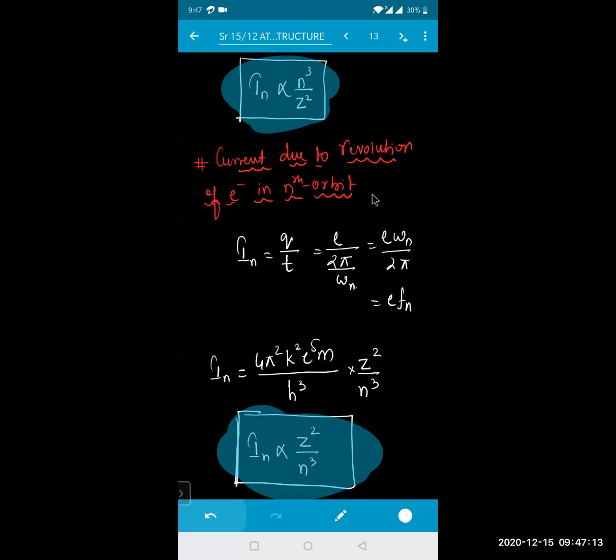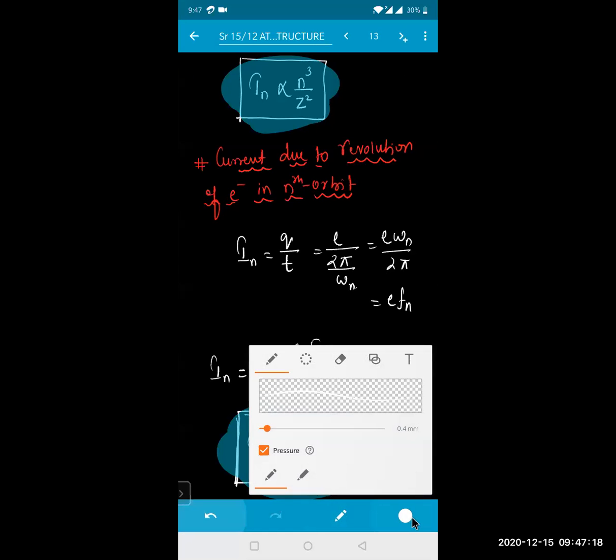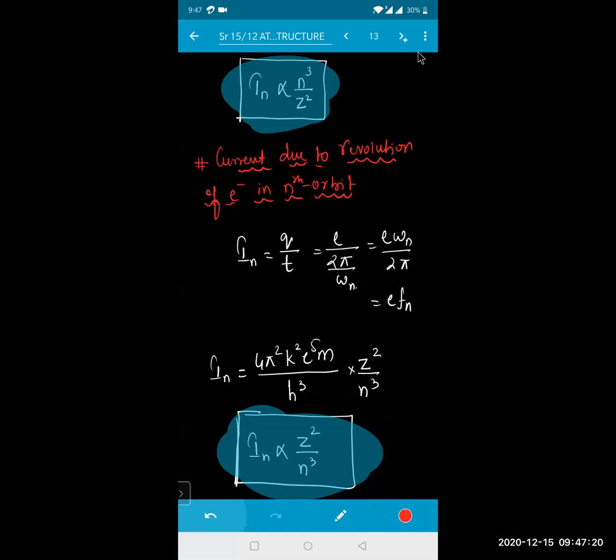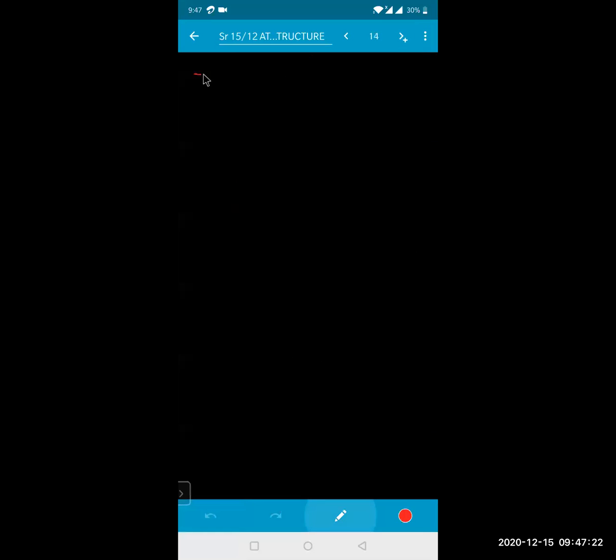Next, magnetic induction. Moving charges will produce the magnetic field also.